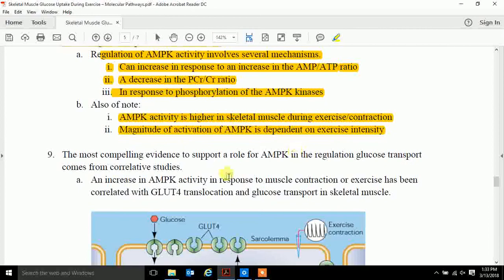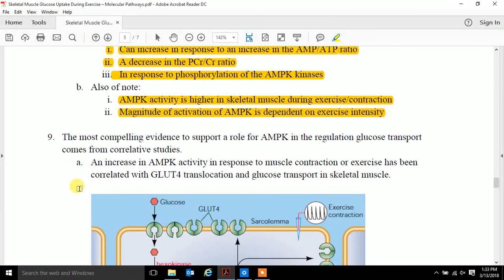So a lot of it is from correlative studies. You know, it's a little bit hard to take humans and knock stuff out. The IRB gets a little fussy over those things. So you have to start looking at correlations. If AMPK is high, is GLUT4 transport or translocation also high?